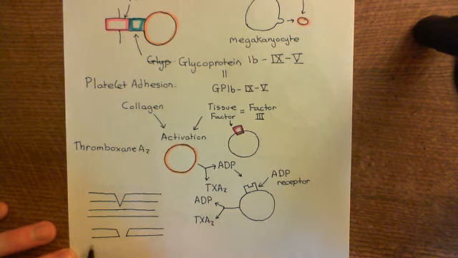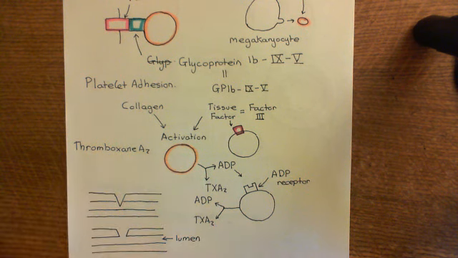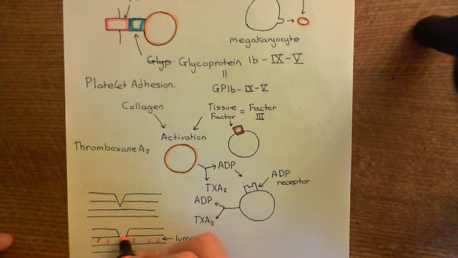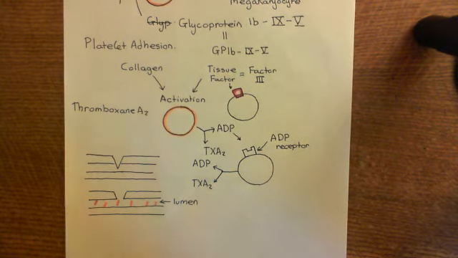Okay, and there's the lumen of the blood vessel in the middle here. So this is the lumen of the blood vessel, and I'll just colour it in red to get the point across. Okay, so this is the lumen of the blood vessel where the blood should be, but obviously we've got this hole in the side, so blood is going to come out of there. Now, in the vicinity of this cut, what is going to happen is we are going to produce absolutely loads of this thromboxane A2.